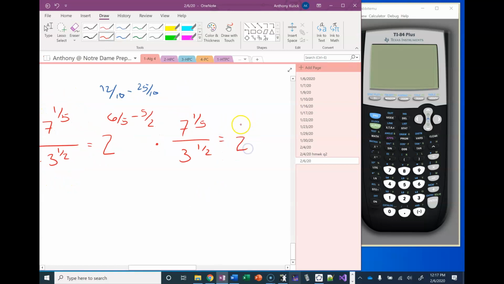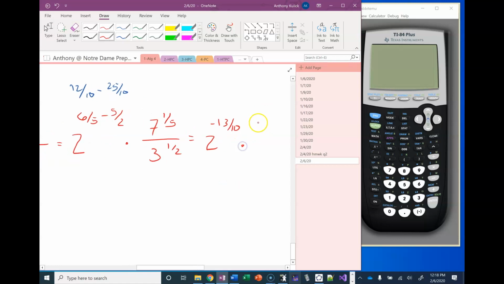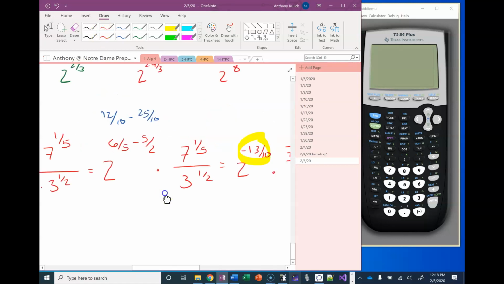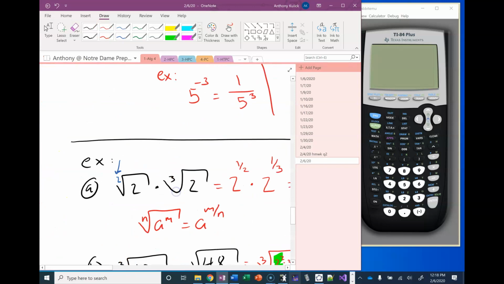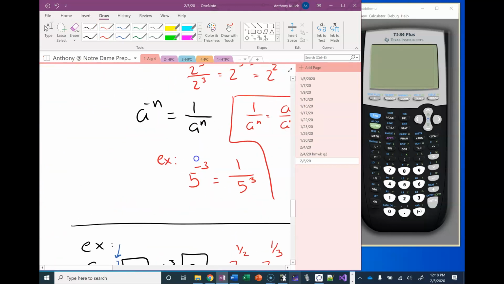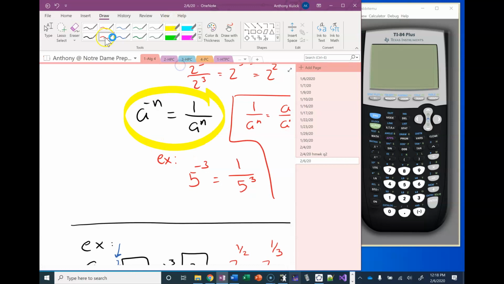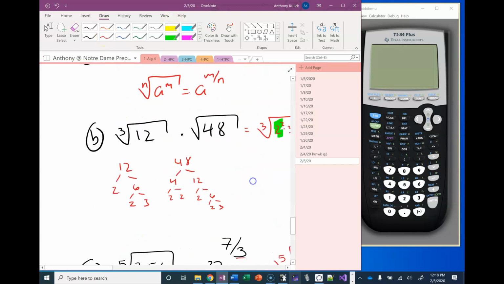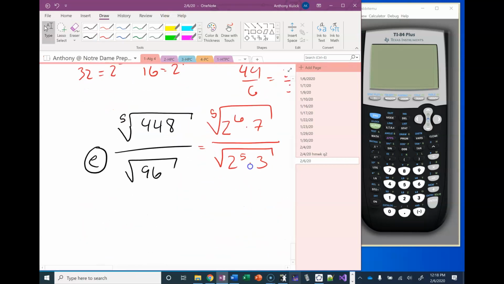So I'm going to get 2 to the negative 13 over 10 times that stuff, right? Ooh, what do we do with a negative exponent? Well, we had a rule for this, right? Yeah, we turn it into a fraction. That's correct.